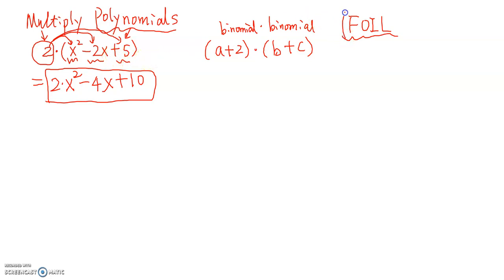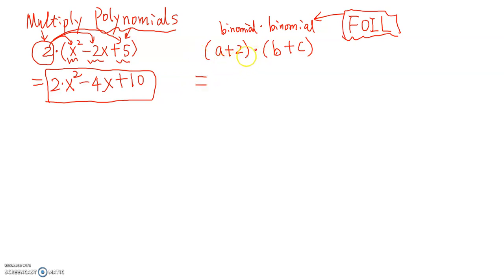And also notice FOIL can only be applied to binomial times binomial. If I have a binomial times trinomial, you can't do FOIL. But the way I'm going to teach you can be applied to any number of terms. So you can have 5 terms times 5 terms. It doesn't matter how many terms, it's going to follow the same way.